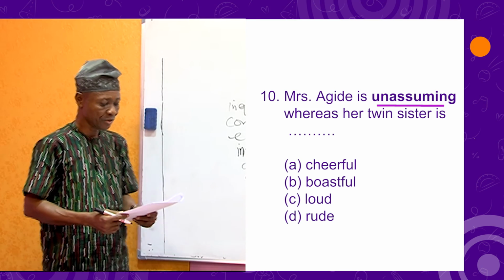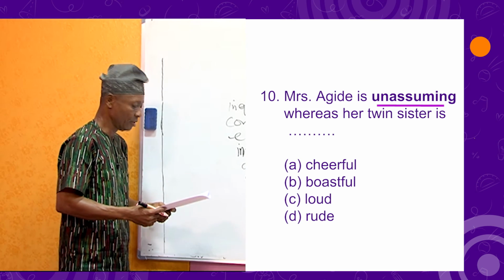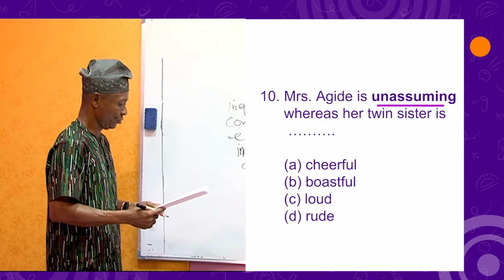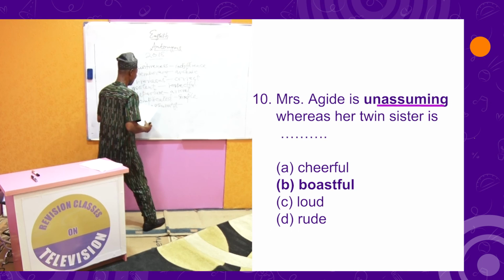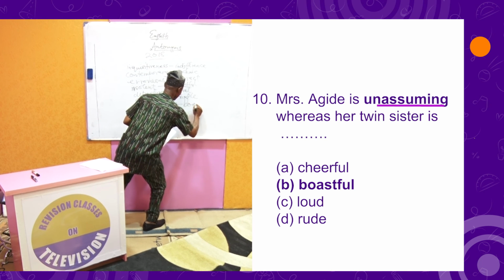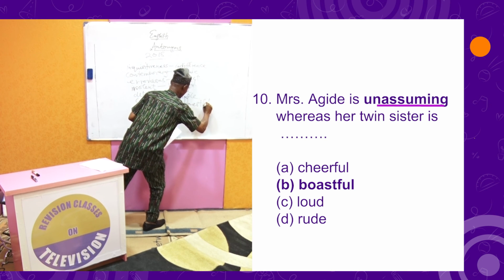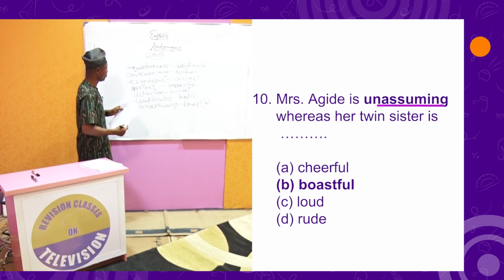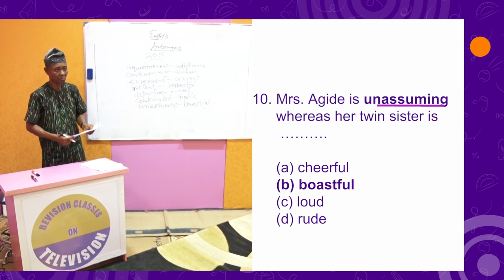Option A, cheerful. B, boastful. C, loud. D, rude. Option B, which is boastful, is the correct answer. You should know that unassuming also means modest.